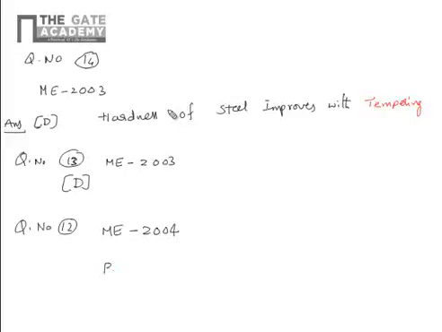P is tempering, Q austempering, R martempering. Looks like all are similar processes and characteristics.